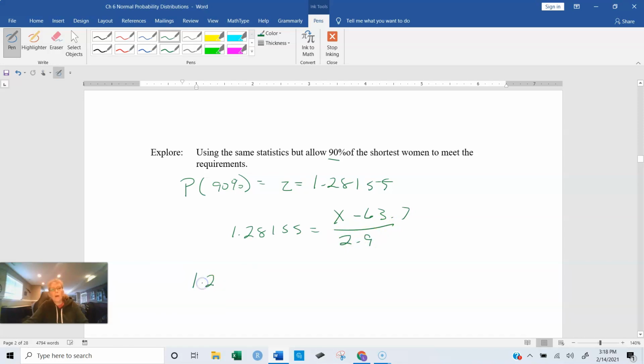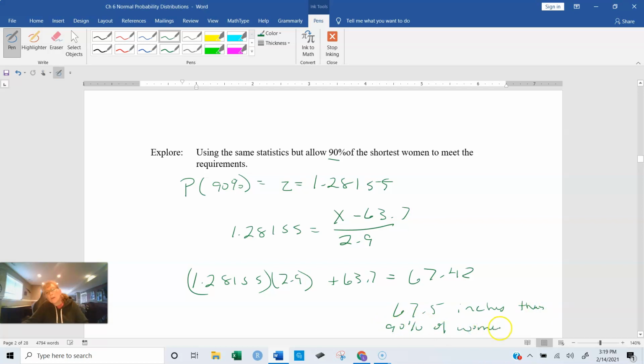So now you've taken 1.28155 times 2.9. You've added your 63.7. Now for 90% of the women, you'd have to have a 67.42 or 67.5 inches. Then 90% of women could fly.